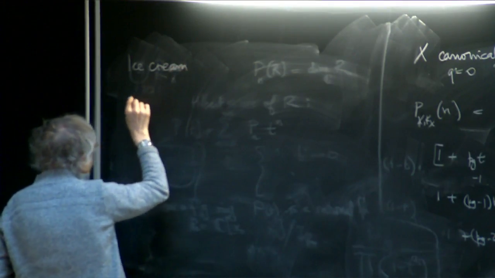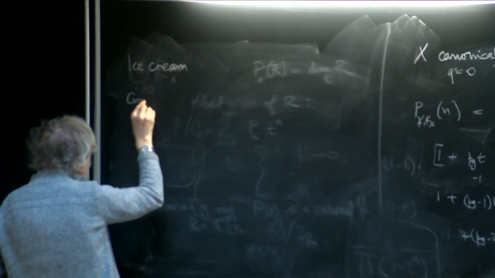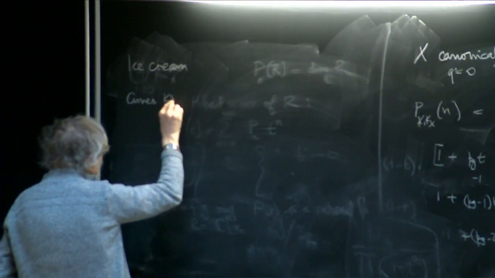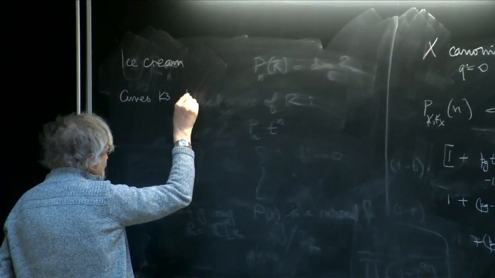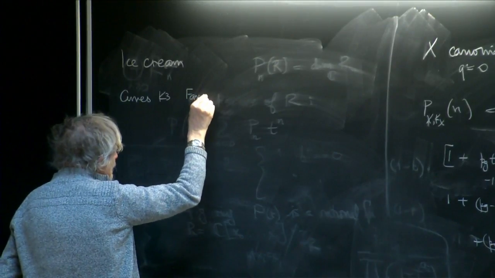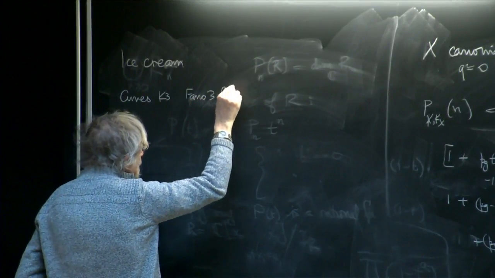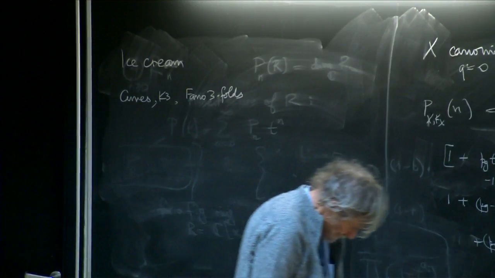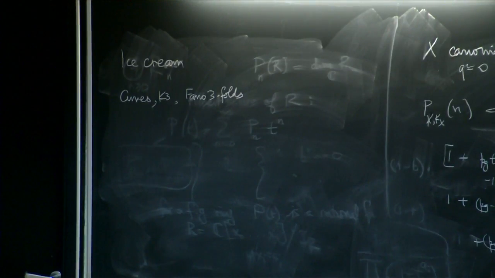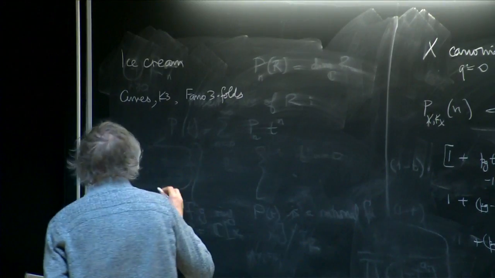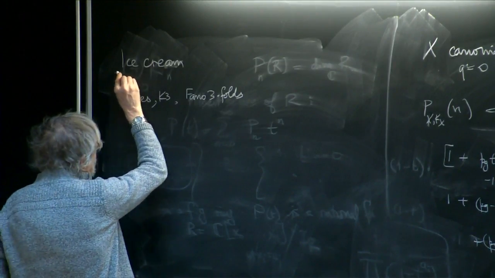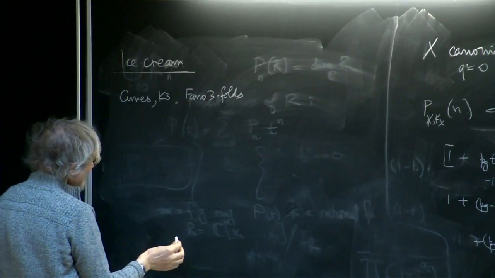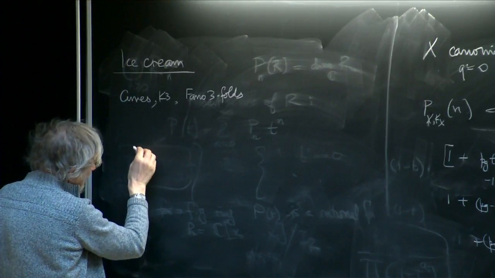The other one is about curves, K3s, and farmers. Let me just give a preview of ice cream.